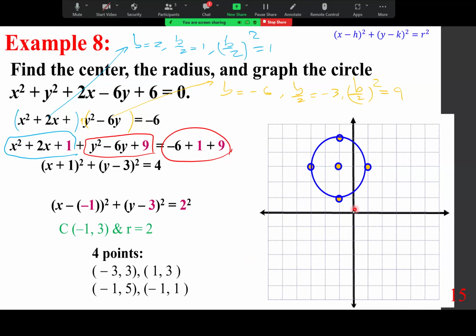That's the graph. Those are the pairs, everybody. All right.